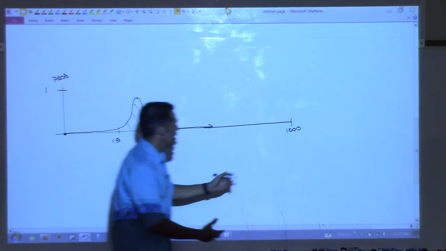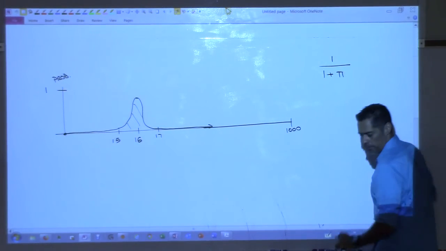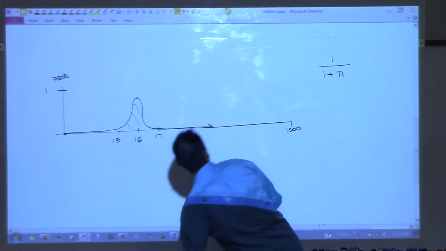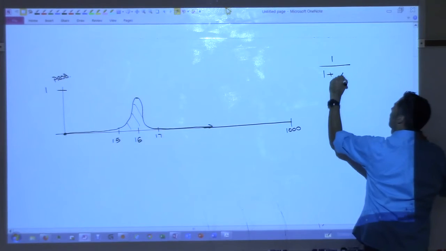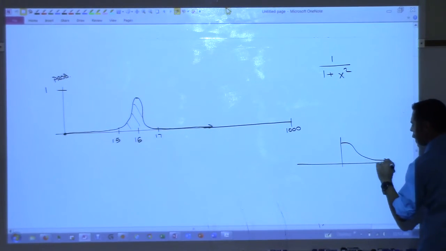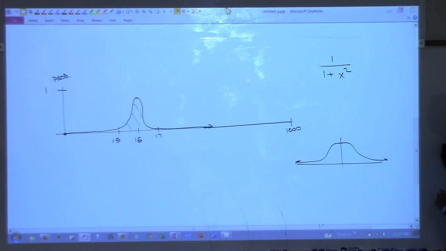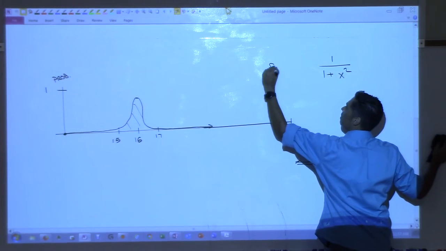So go back to the example I just showed you, the one with x squared. That graph looked like this, and the total area under that was pi. So watch, let me change my function.